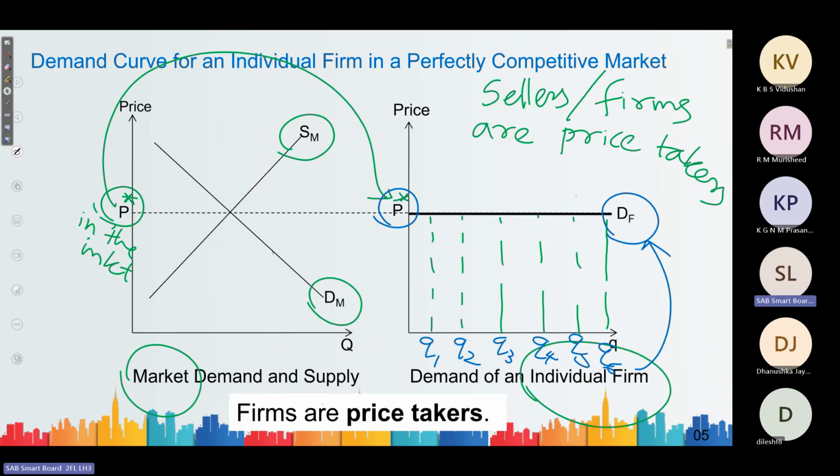This is about the market. This is about the firm. In the market, with the interaction of demand and supply forces, equilibrium price is determined.